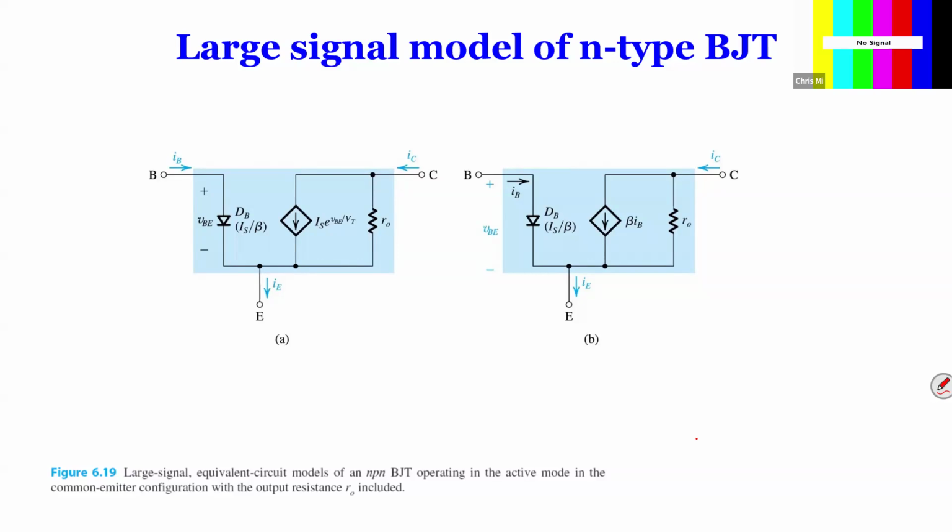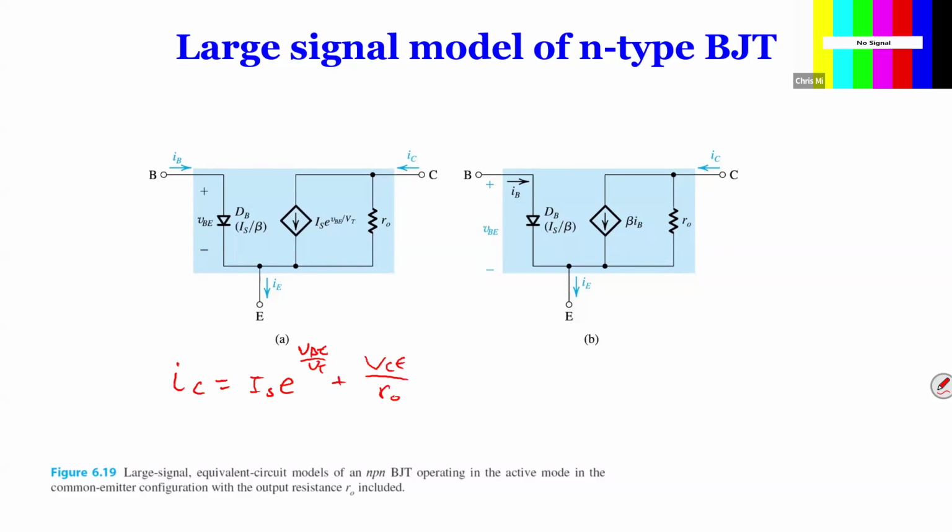From this figure, we can write IC equal to IS e to the power VBE over VT plus VCE over RO.